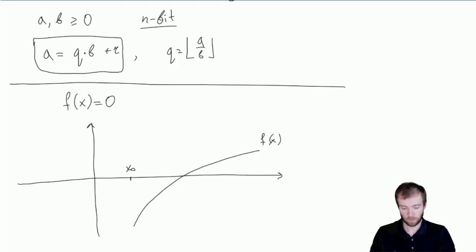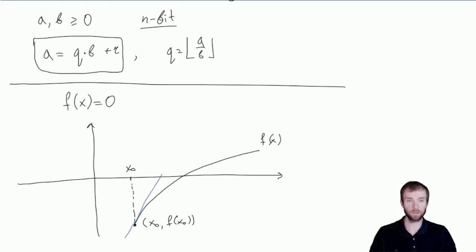So what we do is that we compute the value of the function at this point. So we basically take the point x0 and f of x0, and then we draw the tangent line to the graph of the function at this point.